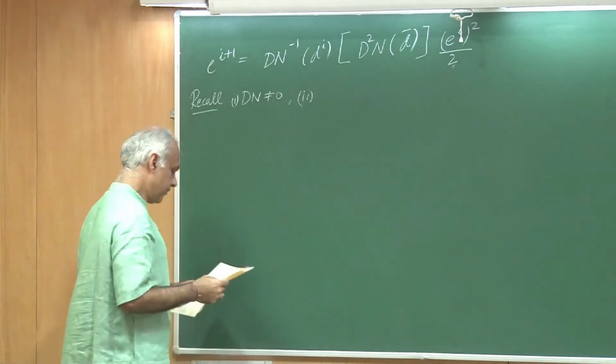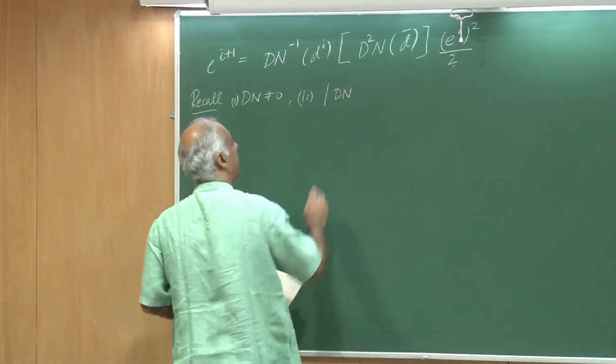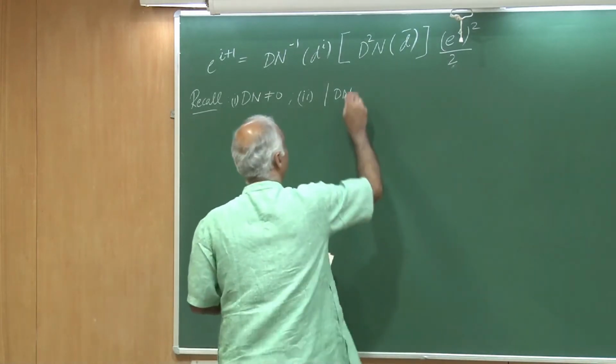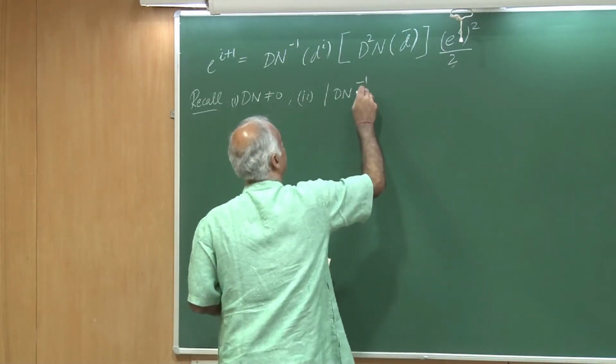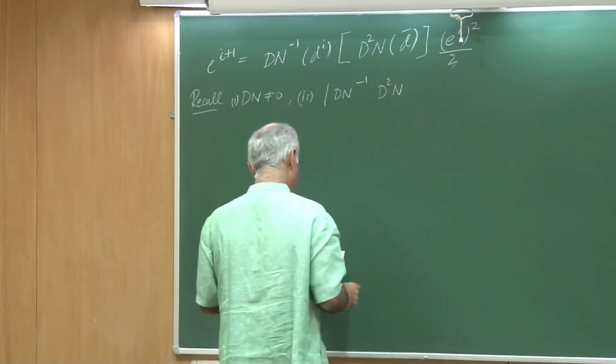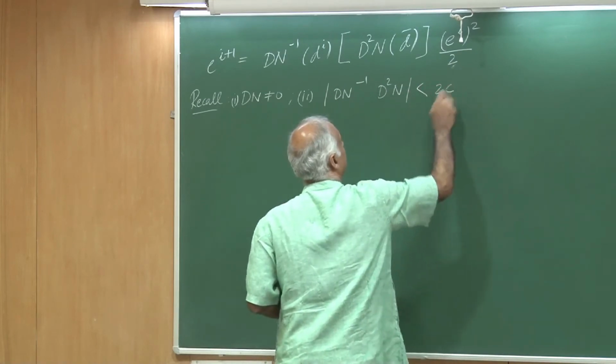The second assumption is that the magnitude of dN inverse times d squared N is less than some constant 2c.